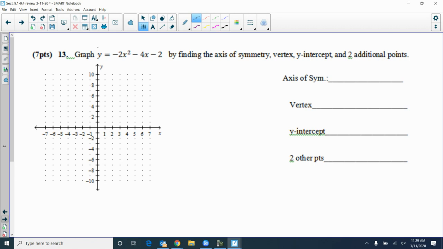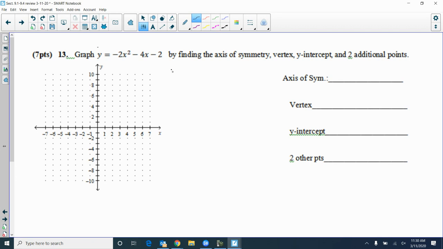Do you know which direction this opens? Which way does this one open? Down. It's going to open down. So you've got to make sure.